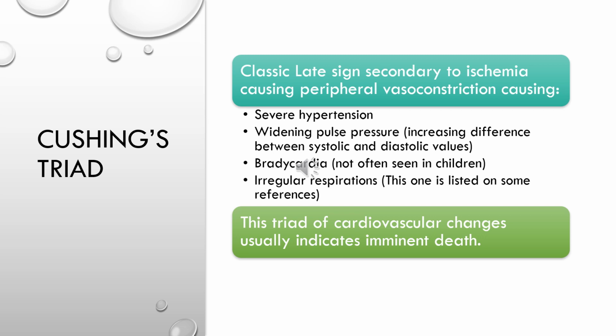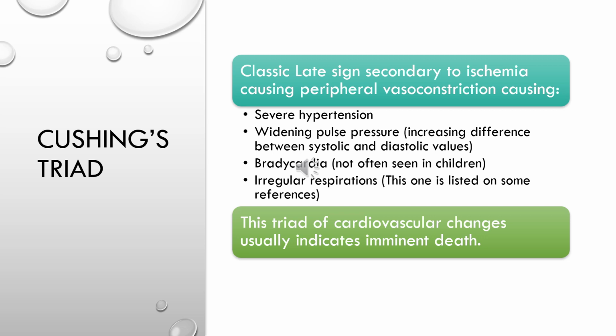Now, the one thing I will tell you is some of the sources will differ, and I have seen this on many, but some of them will also talk about irregular respirations as part of this triad as well.